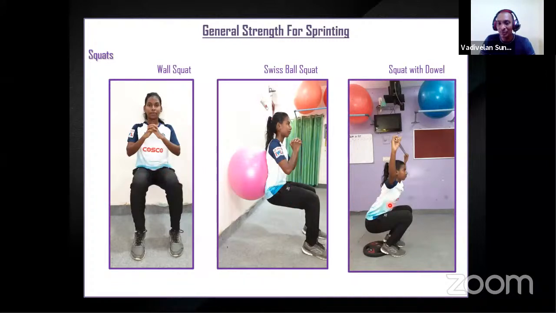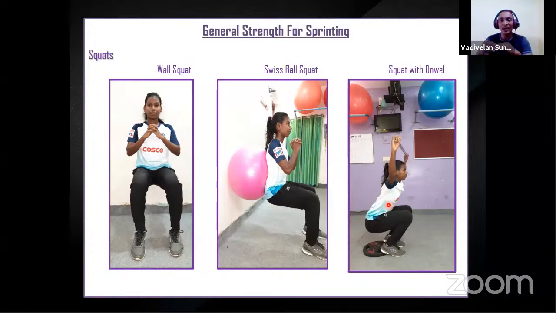But in this dynamic squat, you are engaging your glute and your quad both. So you can progress the squat from wall squat to stability ball squat, and then bring it to the normal squat. Once you have taken him to the normal squat, then you can load the squat, the barbell squat or dumbbell squat.